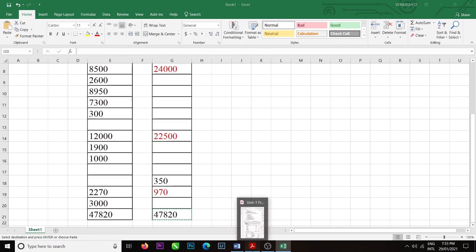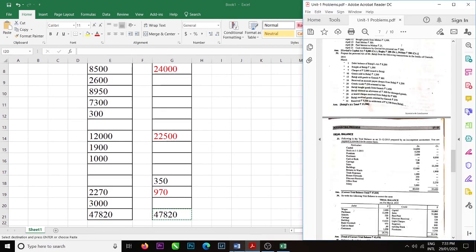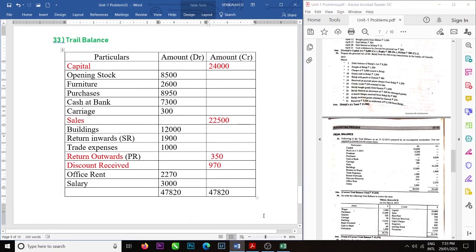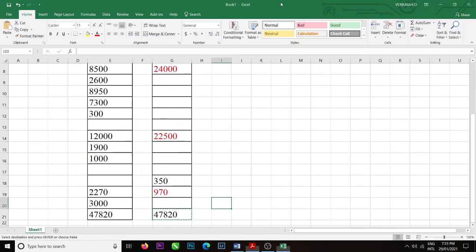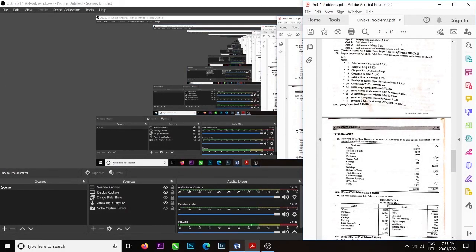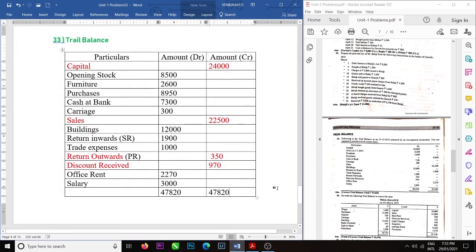Check with this total. So the total of debit is equal to the total of credit, which tells us the arithmetic accuracy.